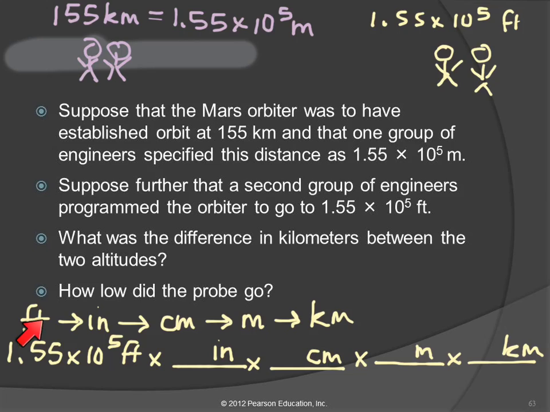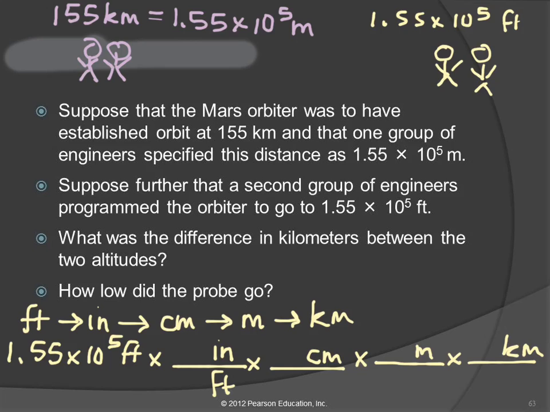Because I know the relationships for each of these. I know that there's 12 inches in a foot. I know there's 2.54 centimeters in an inch. I know that centimeter to meter, centi means 10 to the minus 2, and meter to kilometer, kilo means 10 to the third. Is it long and drawn out? Yeah, but we're going to get the right answer. A shortcut is no good if it gets you to the wrong place.